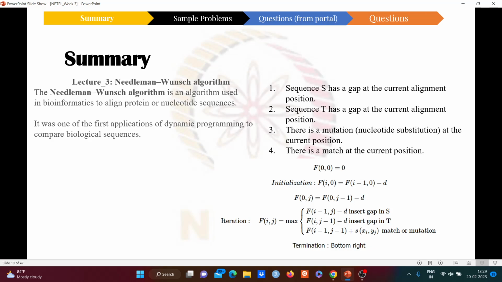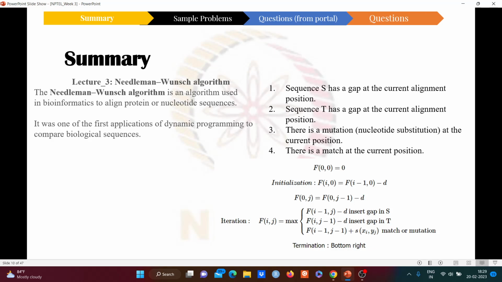It essentially divides a large problem into a series of smaller problems, and it uses solutions to the smaller problems to find the optimal solution to the larger problem. It is also sometimes referred to as the optimal matching algorithm or the global alignment algorithm. This algorithm constructs a matrix to store the alignment scores, and it uses it to find the optimal alignment.